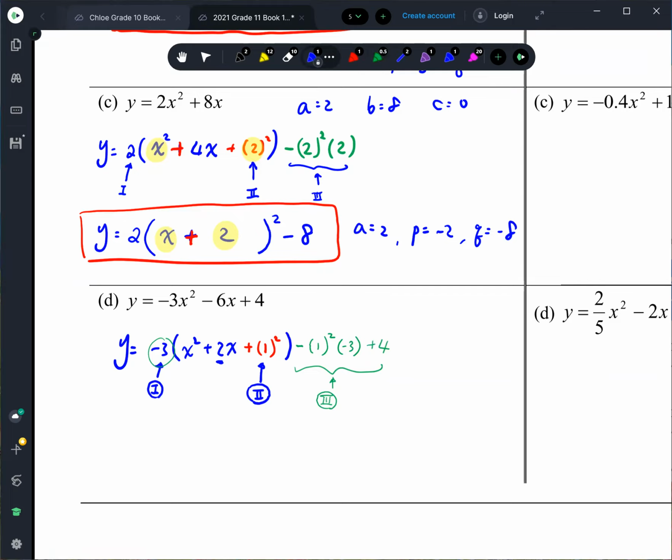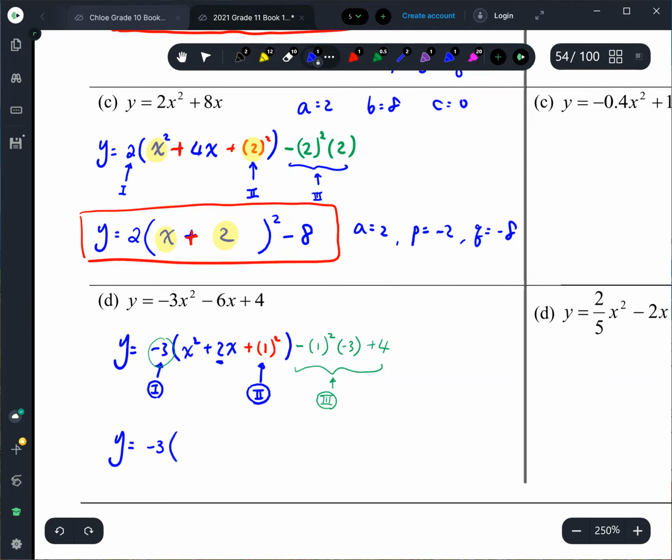Okay. So once you get to this point, and everything's correct here, then you're halfway done, right? Finally, you just write out the form. The -3 stays at the front. You put a big bracket and then a square on the outside. So what should go inside the bracket now?